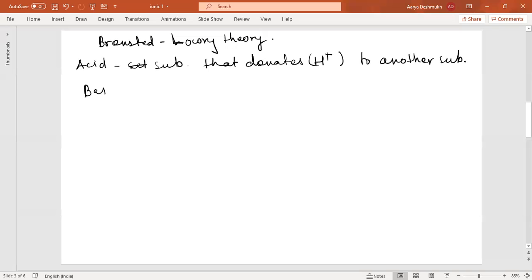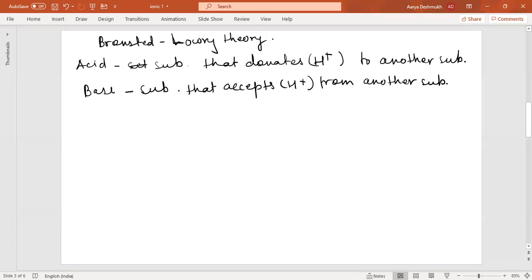And a base is a substance that accepts a proton from another substance. So from and to, donation and acceptance: these two words are important here. Donates to another substance and accepts from another substance. So proton acceptors are bases and proton donors are always acids, according to the Bronsted-Lowry theory.